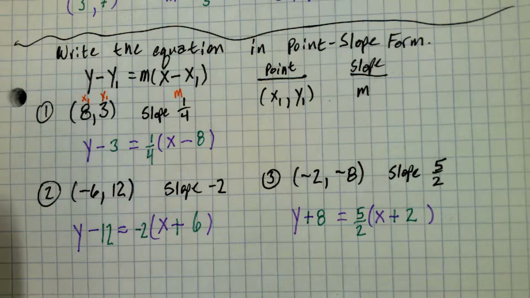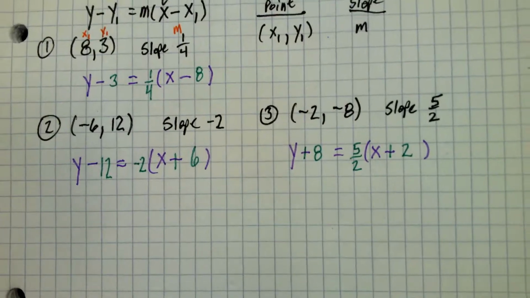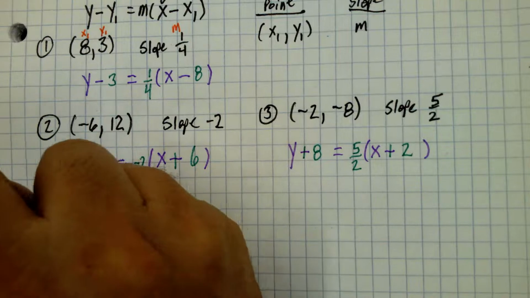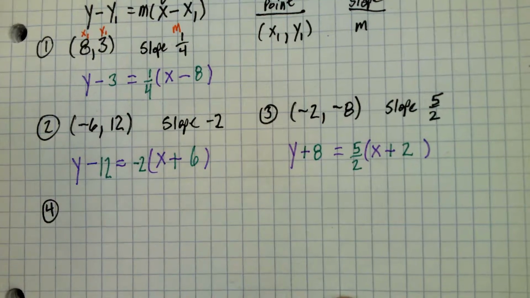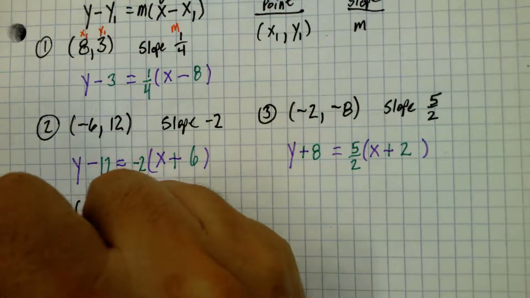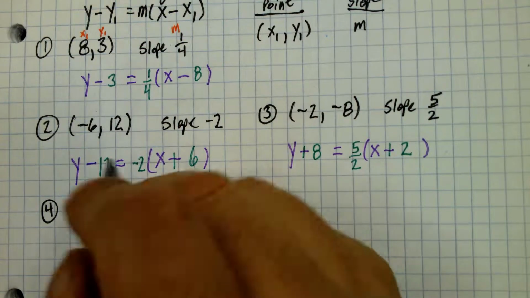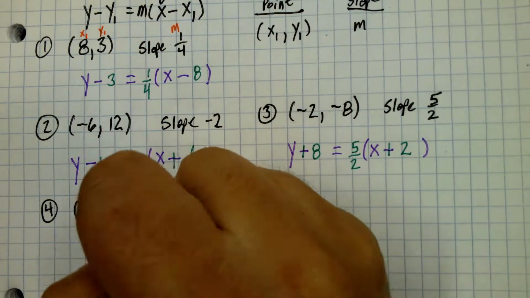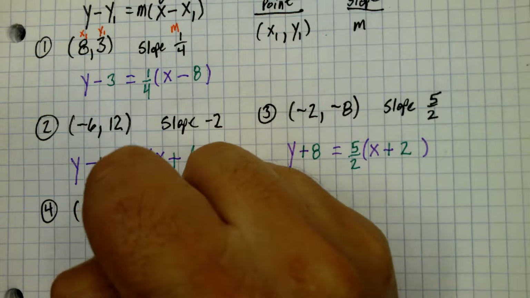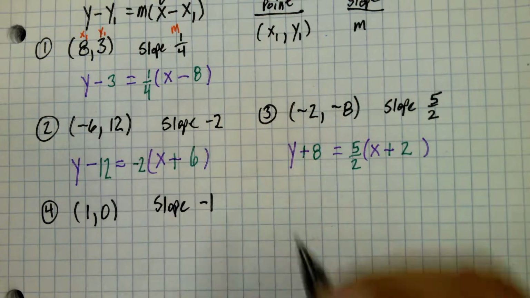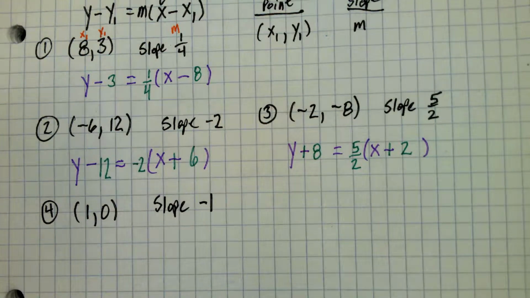Okay. So we'll do the last one. 1 comma 0. And then we're going to do the slope is -1. Okay.